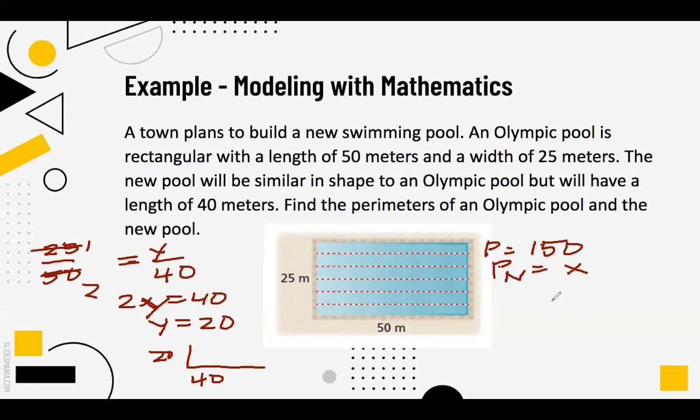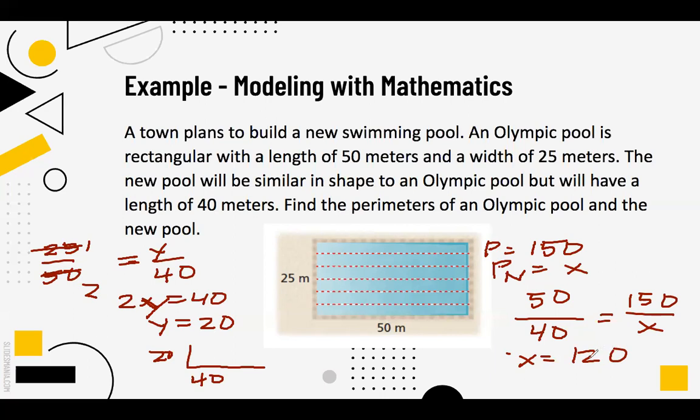I know that the length is 50 for one pool, and the length for the other pool is 40, my new pool. I know that the perimeter for the Olympic pool is 150. I could use that to help me find the perimeter for the new pool. So really what they want you to know is that your setup can include perimeter in your proportion. Okay, and so then we know that X is 120.